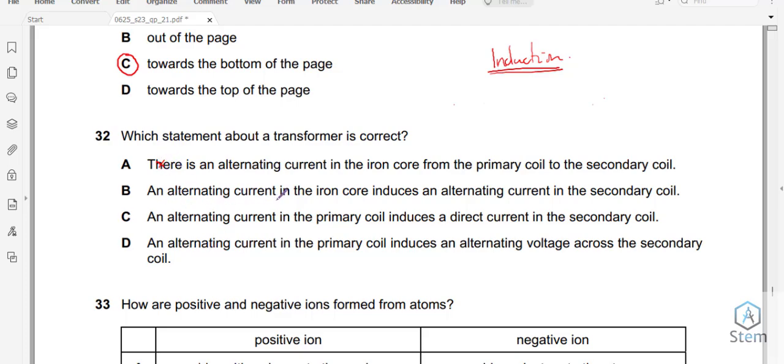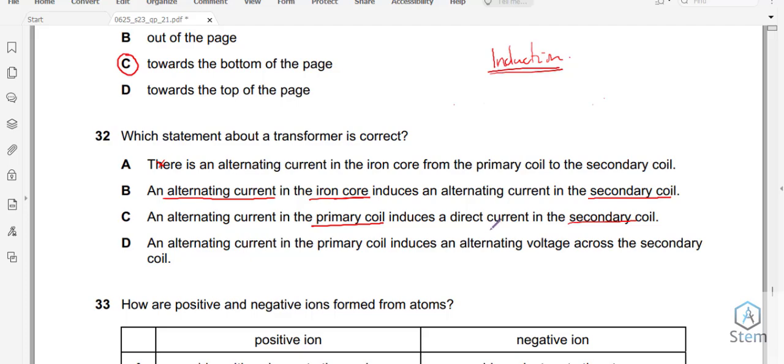An alternating current in the iron core induces an alternating current in the secondary coil. Actually, the alternating current will be in the primary coil, and it induces alternating current in the secondary. Okay, C says, an alternating current in the primary induces a direct current in the secondary coil.